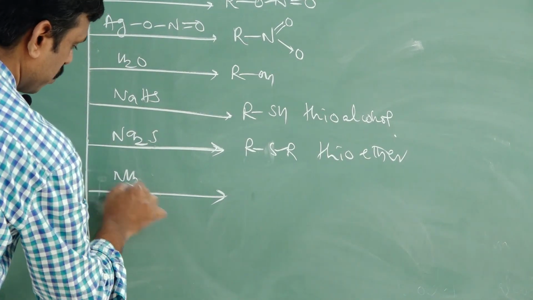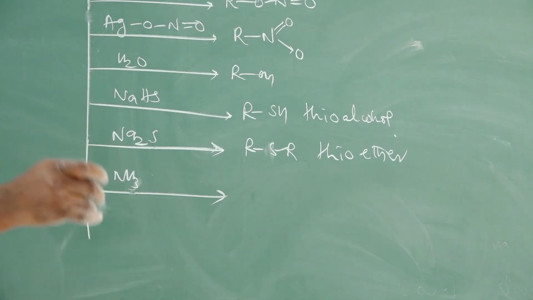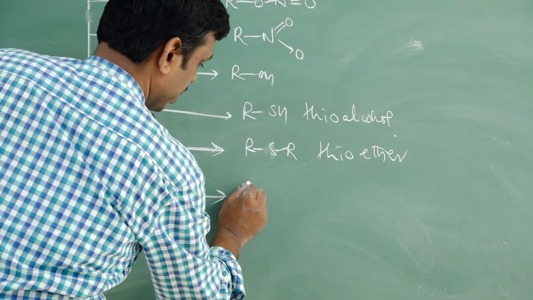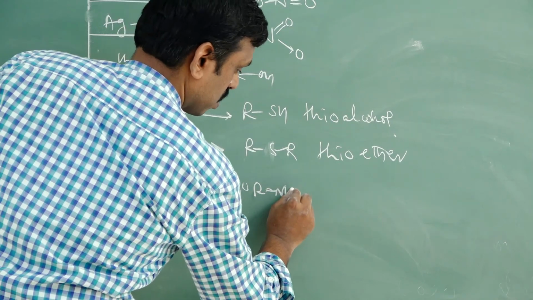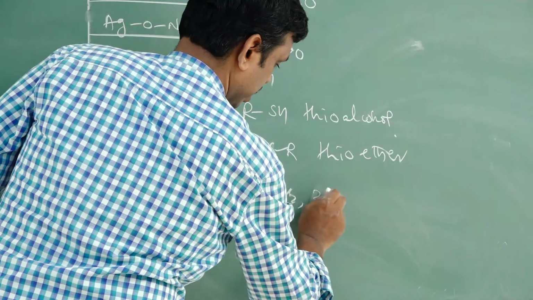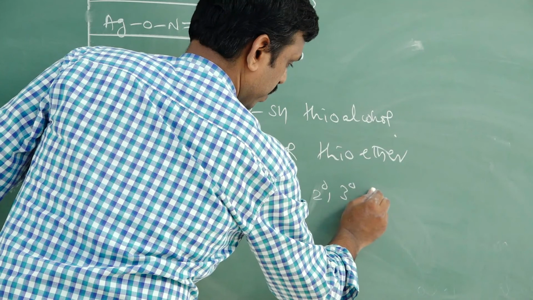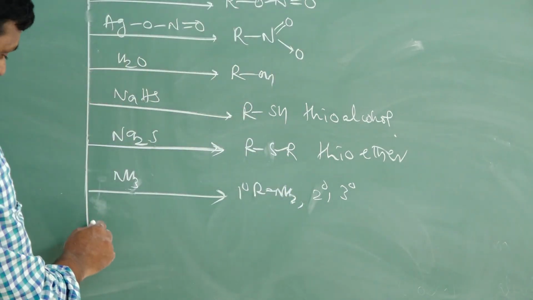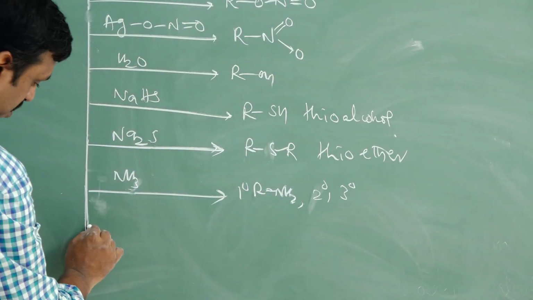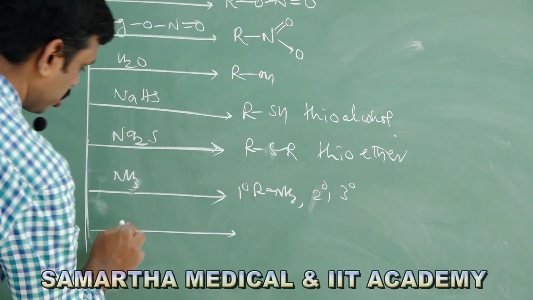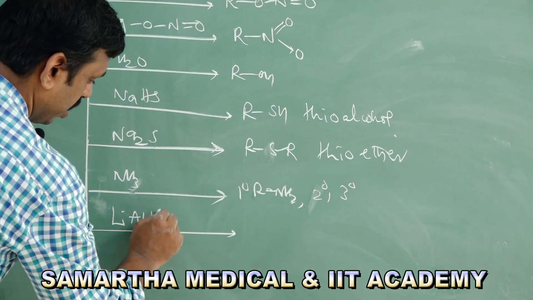With ammonia, you will get primary, secondary, tertiary, even quaternary ammonium salt as product. You will get a mixture of products. Next, reaction with lithium aluminum hydride.